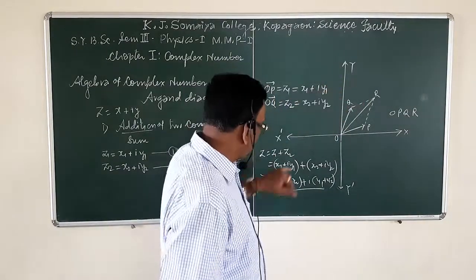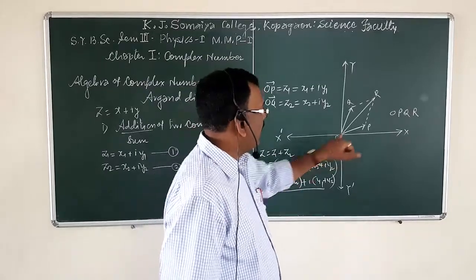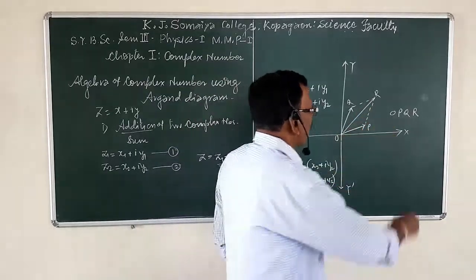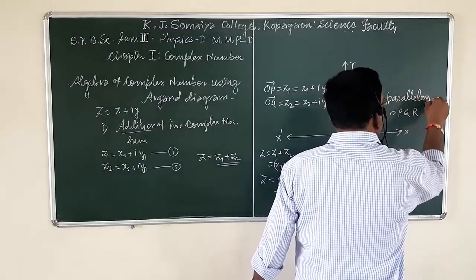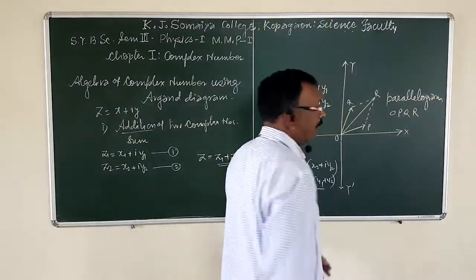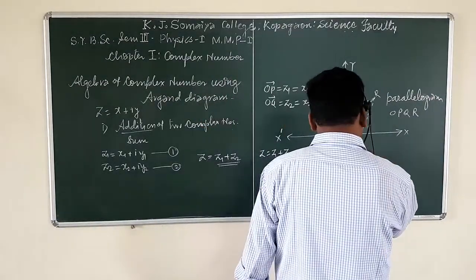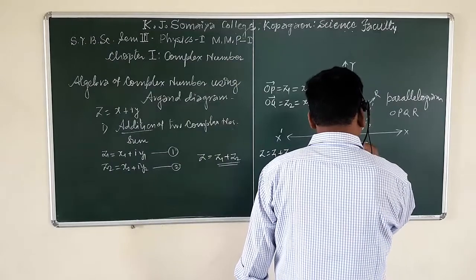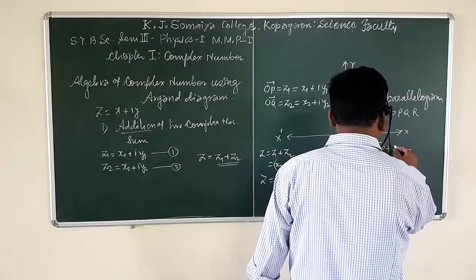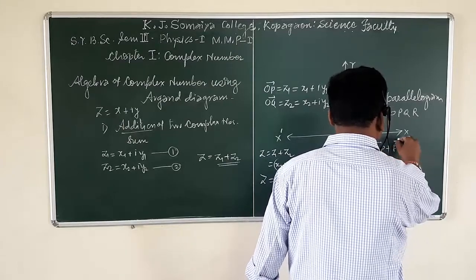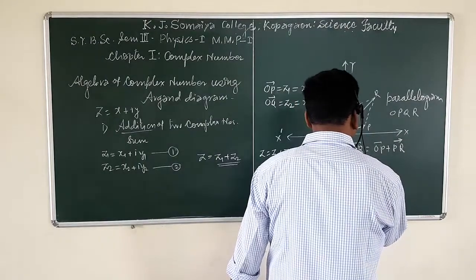This R is the resulting complex number, or sum of 2 complex numbers, and is obtained by constructing the parallelogram OPQR. Now according to the law of parallelogram, vector OR is equal to vector OP plus vector PR. What is vector OR? This is the complex number Z.